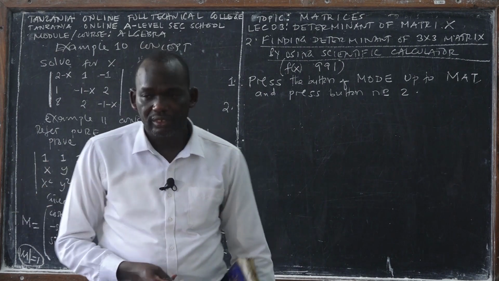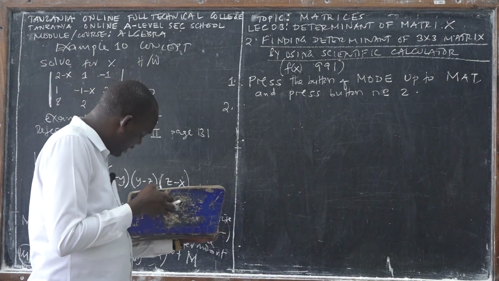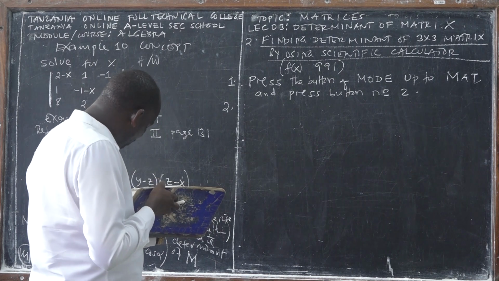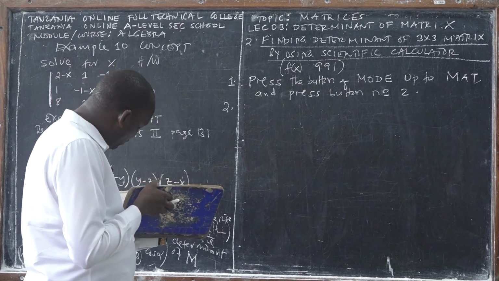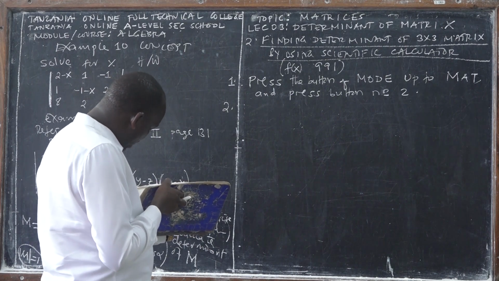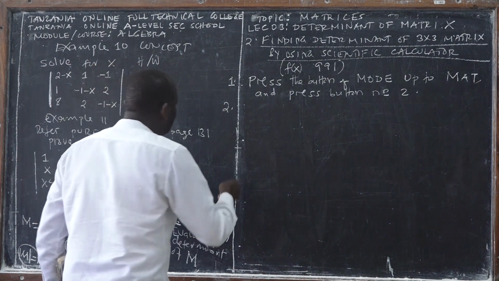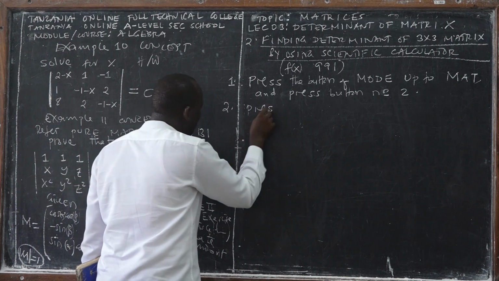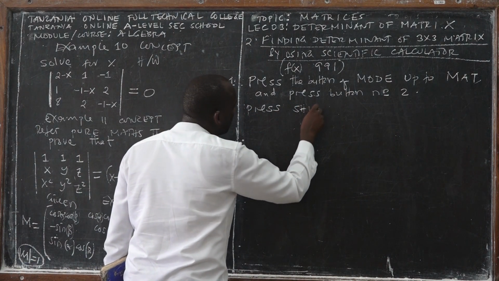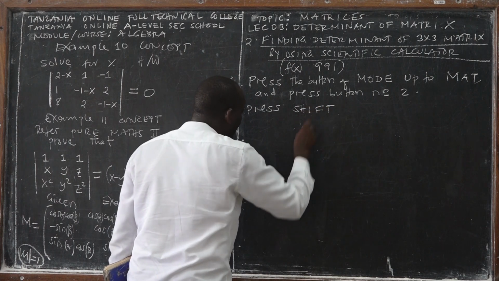Are we together? Yes. Then the second step, once we are there, now we want to define the dimension of the matrix. How do we do so? We have to press shift. The button written shift.